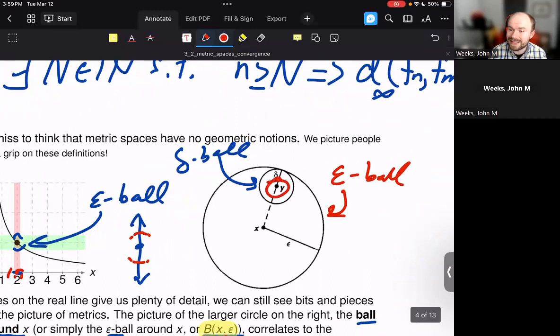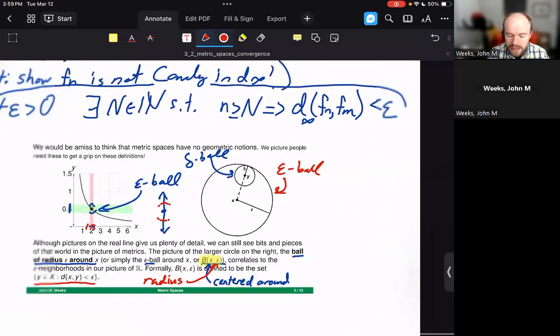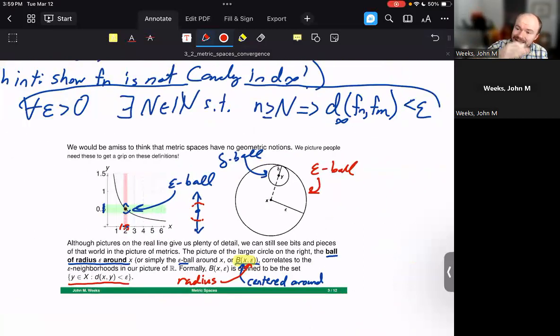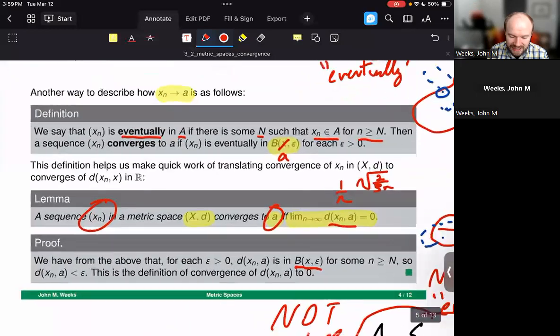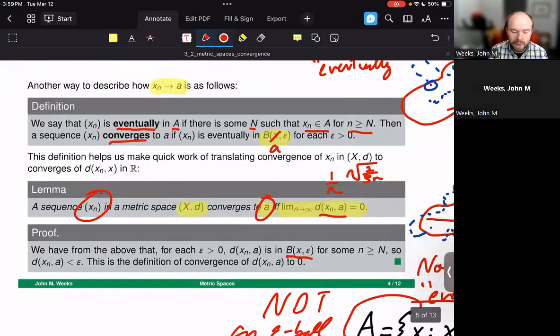You're going to be looking at points that are inside of that epsilon ball. And in fact, all points past a certain cutoff point are going to be inside the epsilon ball. That's exactly the definition of being eventually inside the epsilon ball, which is exactly the definition of convergence that we were looking at from before.